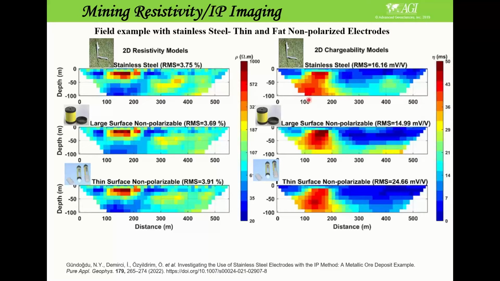I get this on these images, including in the same area. We have this, let's say, some indication. It shows more clearly than in this large one here, and it disappears in this one. So this is maybe just coincidence in this case, but the point is that using stainless steel electrodes and non-porous electrodes, there's not much difference at all in these examples.